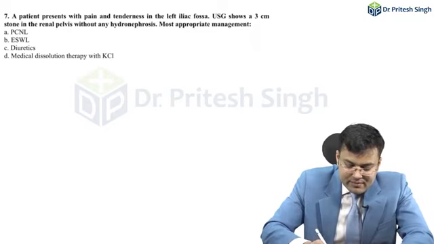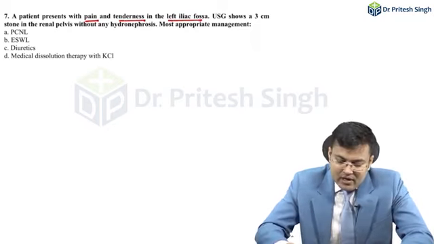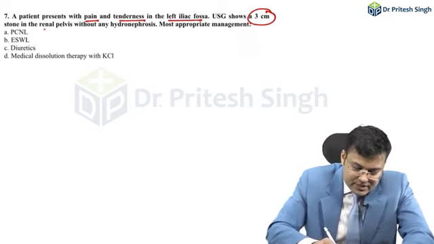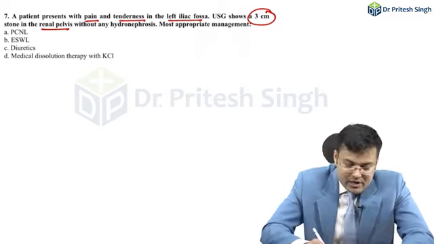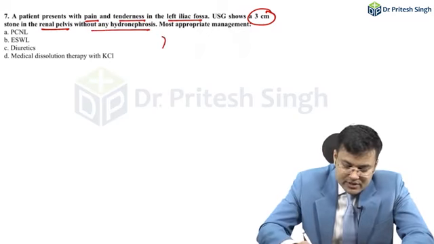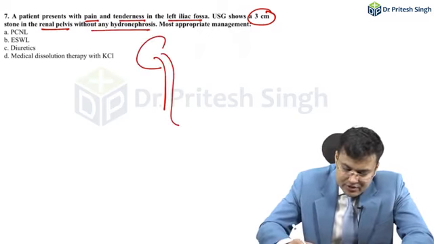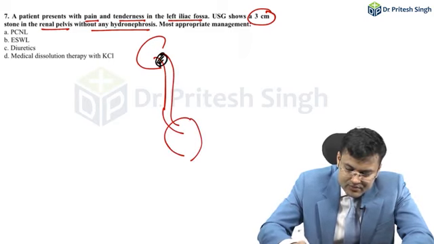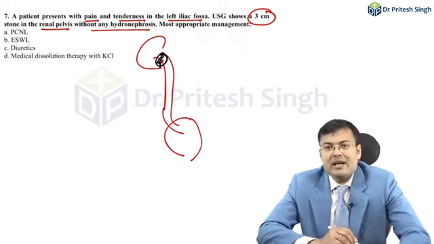A patient presents with pain and tenderness in the left iliac fossa. Ultrasound shows a 3 centimeter stone in the renal pelvis without any hydronephrosis. So see the situation. In this situation, the stone is where? In the renal pelvis. Here is the stone. What is the most appropriate management?